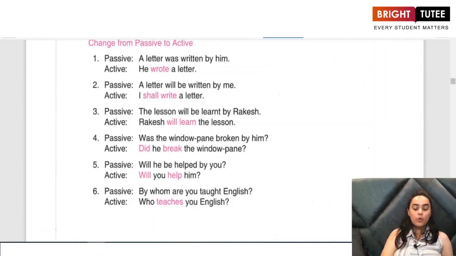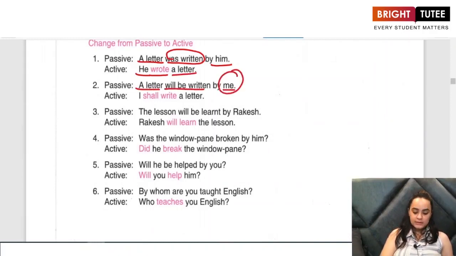A letter was written by him. Him is the object, a letter is the subject. So, he wrote, the full form is wrote, and what? A letter. Simple. A letter will be written by me. New subject, I. Will be written changes to shall write a letter.